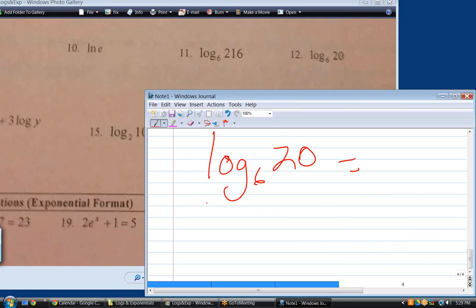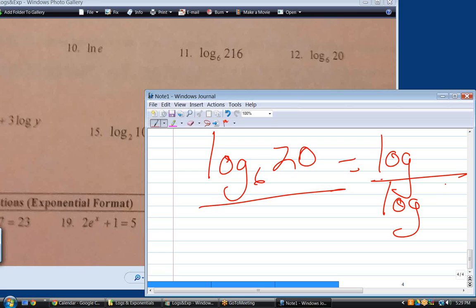In order to be able to figure out that answer on my calculator, I've got to use the change of base formula. This is always equal to the log of a number on top divided by the log of a number on the bottom.